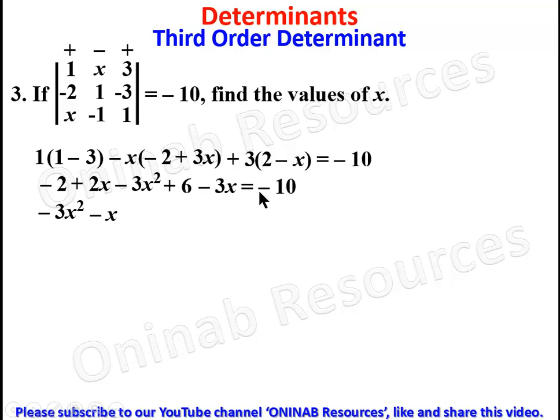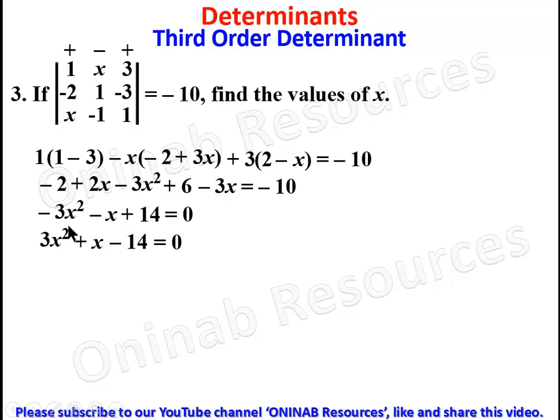Bringing this to this side becomes positive, so 4 plus 10 gives 14, and is equal to 0. So I can quickly multiply through by negative 1, so that I have 3x squared plus x minus 14 equal to 0. So we now solve this quadratic equation for the values of x.